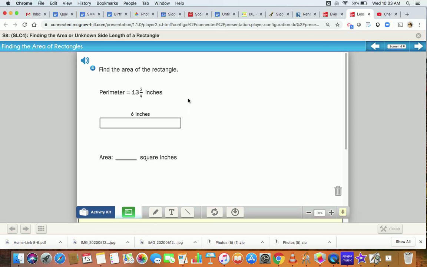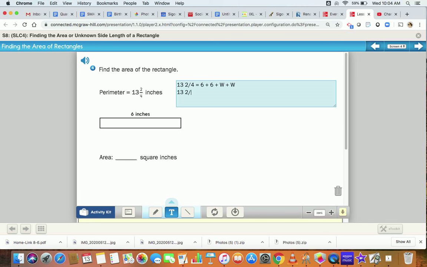Okay, the next one, again, they give you the perimeter, 13 2/4. And then you have to solve for your width before you can do your area. So we have 13 2/4 is equal to 6 plus 6 plus our width plus our width.